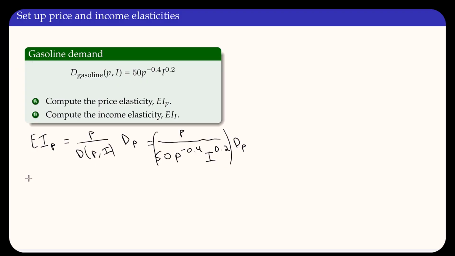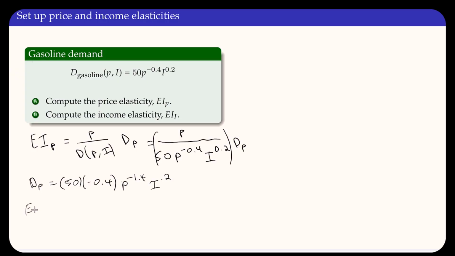D subscript P is the derivative of the demand function with respect to P holding I constant. So we're going to get 50 times negative 0.4 times P to the negative 1.4. We're going to subtract 1 off that exponent. And we're holding income constant, so we're going to have to multiply that by I to the power of 0.2.